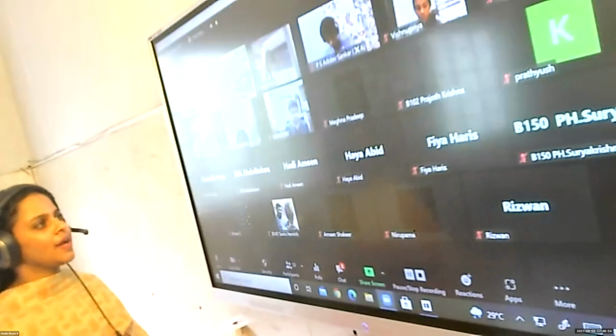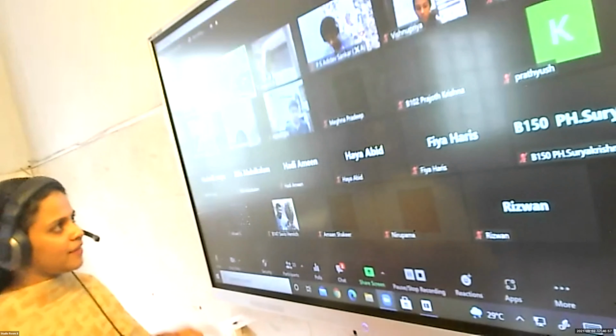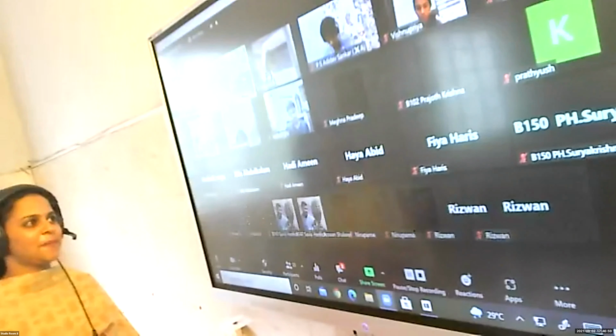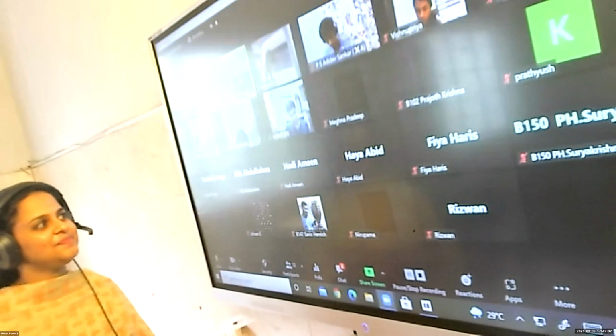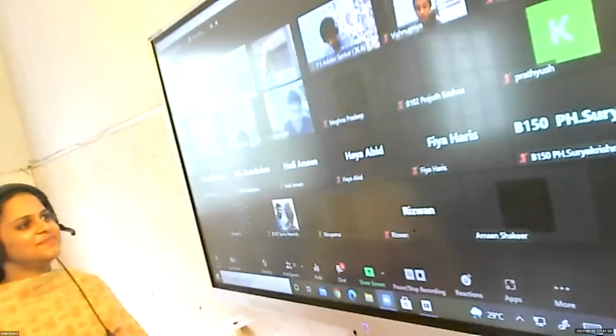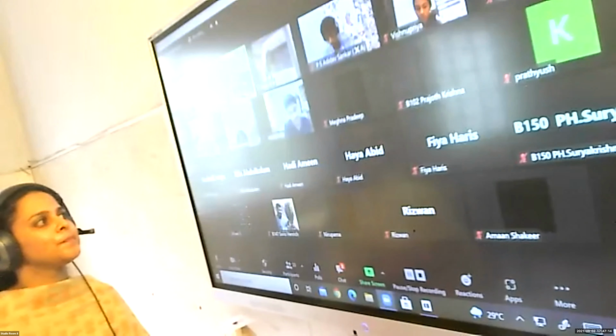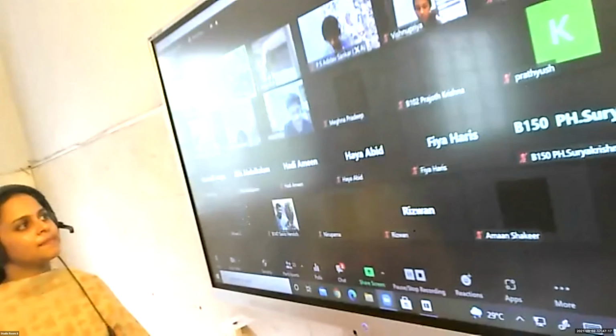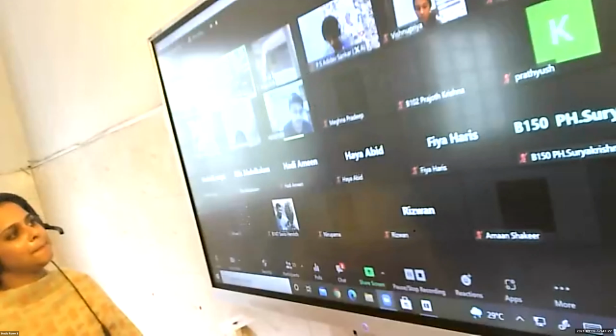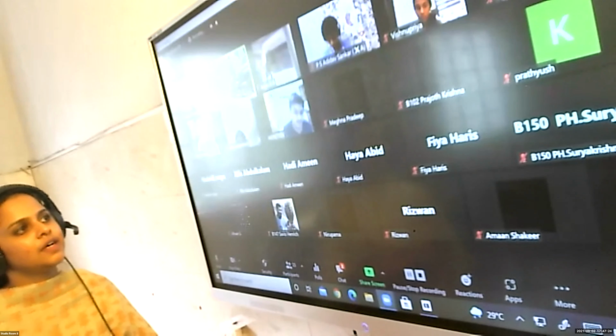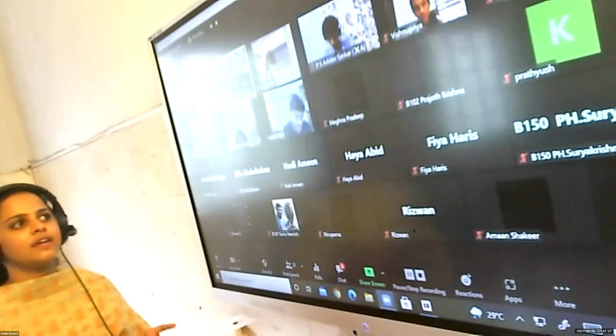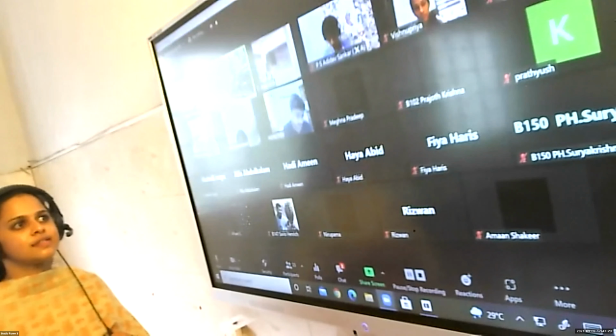Next, Steve. Equation for calculating the electric power with voltage and resistance. No idea. Vishnupriya. Equation for calculating the electric power with the current and resistance.